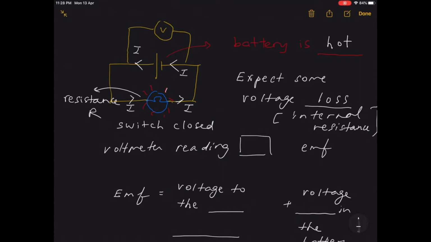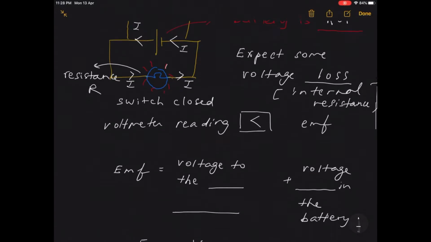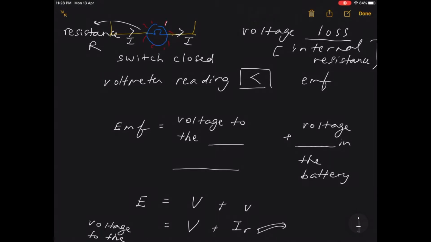So in this case, when you close the switch, the voltmeter reading will be lesser than the EMF. And EMF is the total voltage that can be supplied by the battery, which should equal the voltage to the external circuit.